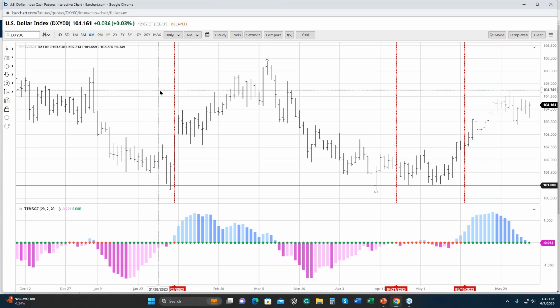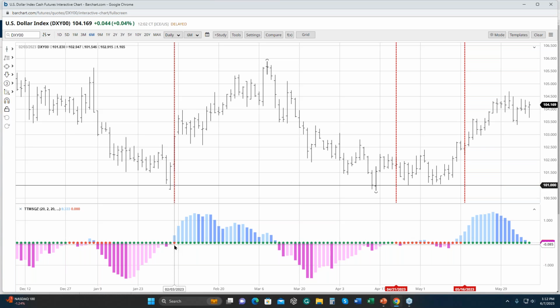Now, remember those red lines that I drew that indicated where the Bollinger Bands were inside, where the squeeze was on? Well, notice down here in our histogram is a little red dot. This is created by the conditions of the Bollinger Bands inside the Keltner channels. And that's the setup before the release, before the squeeze fires.